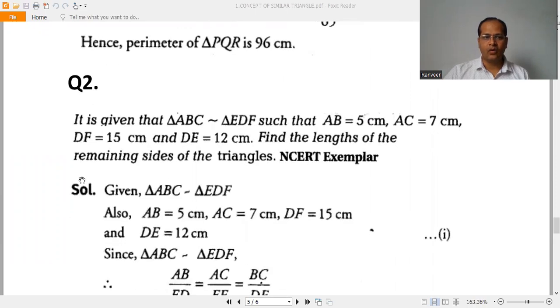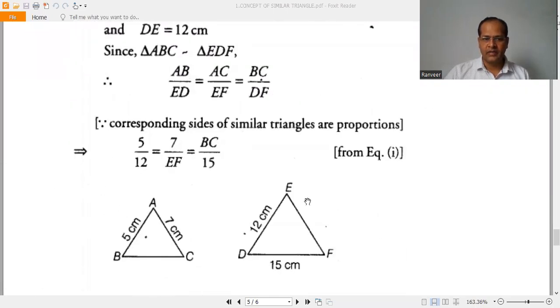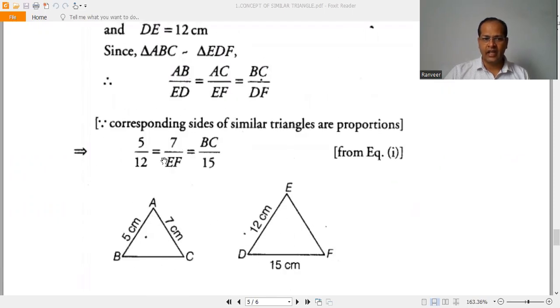Now, question number 2. It is given that these two triangles are similar. AB, AC, and DF, DE are all given. Find the length of the remaining sides of the triangle. So first of all, we draw the two triangles ABC and DEF, which are similar triangles. So AB by ED equal to AC by EF equal to BC by DF.